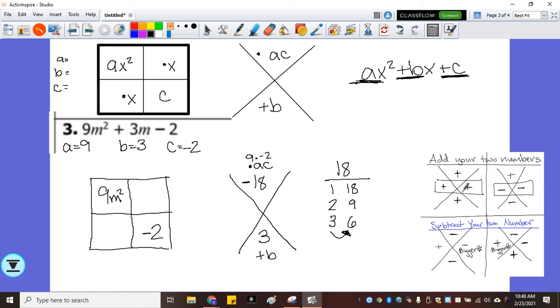So if you look at our little chart we just made here, and we're trying to get a negative up top and a positive on bottom, the bigger number has to be positive, and you want to subtract your two numbers. So which of these two numbers have a difference of 3? When I subtract them, I get 3. 3 and 6. And you said the bigger one has to be positive. So 3 is negative.